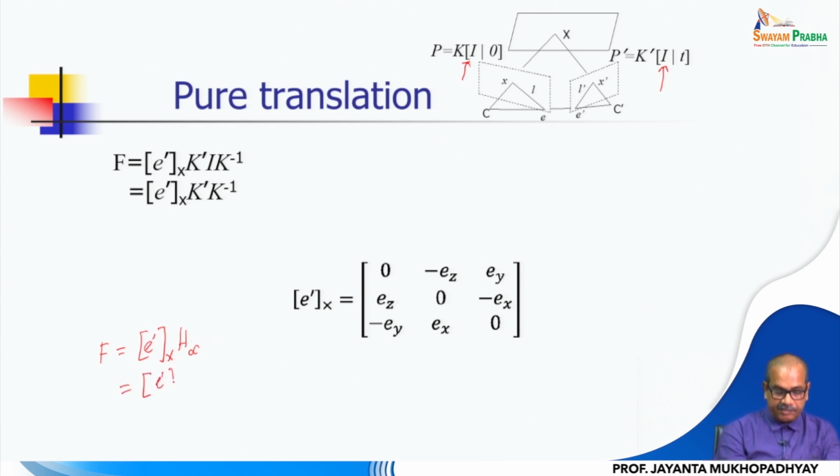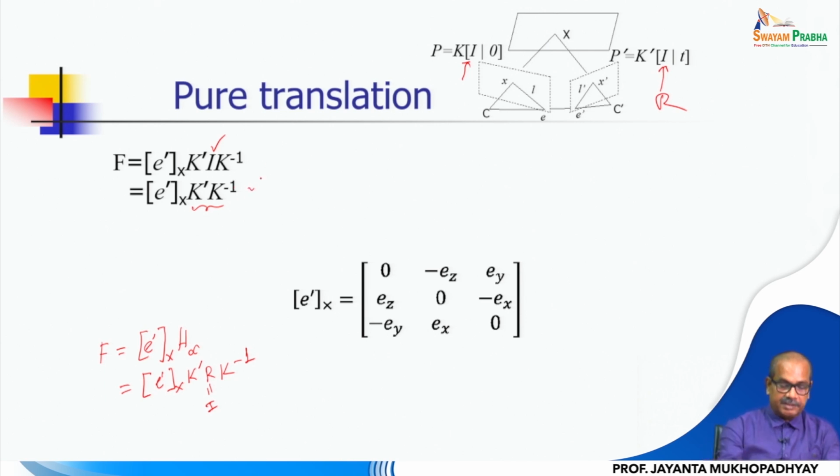So in a generic form, if there is a rotation R, then this would have been K prime R K inverse. Now this R is equal to I here, so that's why it is I. So finally this is what you get as the fundamental matrix, e prime cross matrix K prime K inverse.